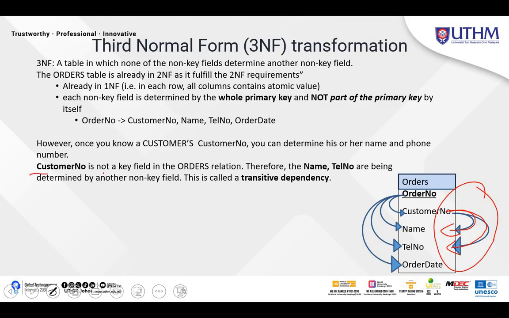So customer number in this case is not a key field. When we say not a key field, it means it's not a primary key, it's not a foreign key, it's just a normal attribute that can act as a determinant to determine other attributes in the table. So this is what we call transitive dependency. Again, the steps will be very simple.